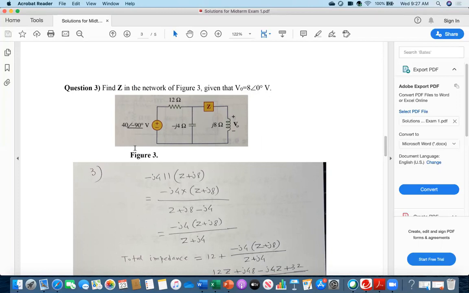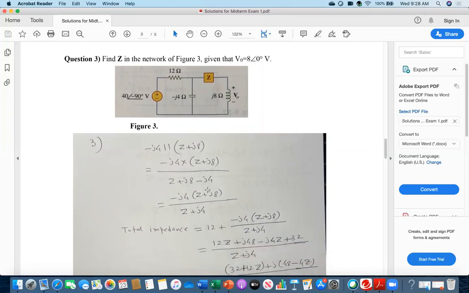This voltage divided by that equivalent impedance. And once you get the current here, at this point you apply the current divider rule. Something is going here, and the remaining is going there. So you need to know what current is flowing through this one. Then you are done. You just multiply this one and equate with that, and ultimately you will get the value of J. So everybody see what I am doing here.